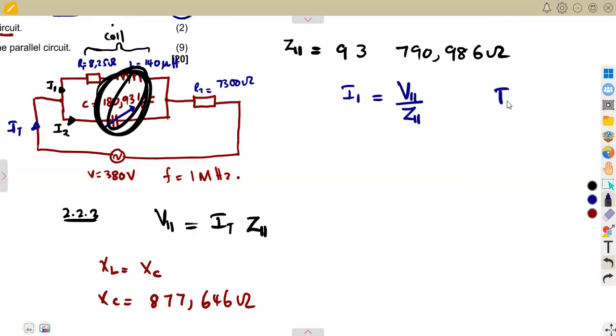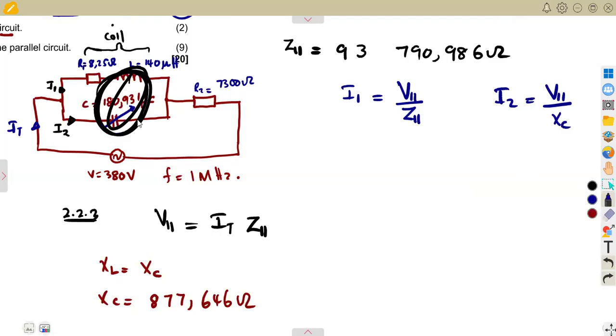If it was current 2 of the parallel, it was going to be the voltage across the parallel, because it is the same across the parallel, over the reactance of the capacitor, XC. We are going to calculate these currents of the parallel circuit.